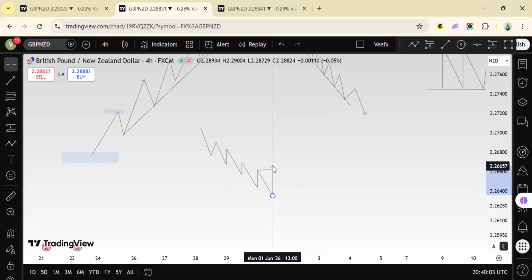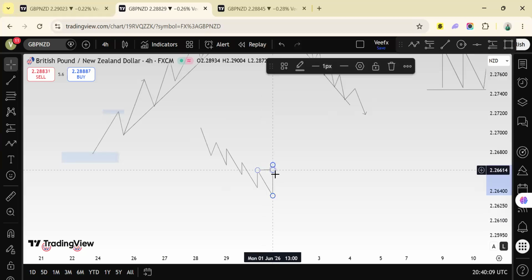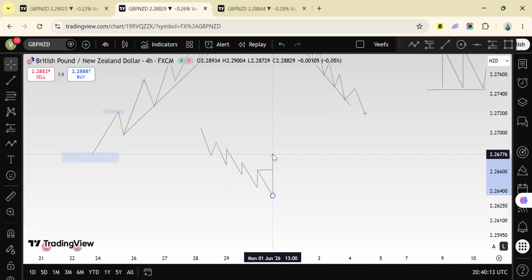Even though it's small, even though the body closes above this high, small like this, it's a market structure shift. If it closes long enough, good and fine. But if it passes with a wick and not with a body, it is not a market structure shift, or you cannot mark it as a market structure shift yet.